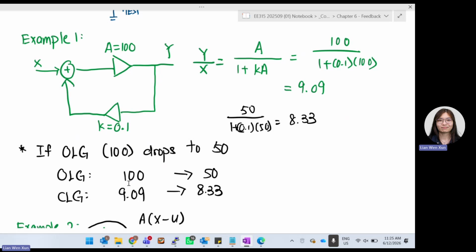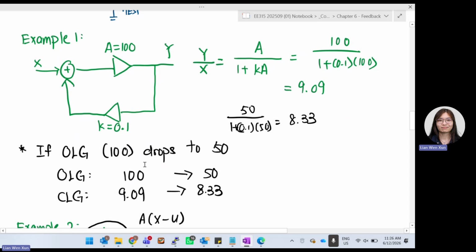closed loop system. However, what if suddenly my open loop gain changed to 50 instead of 100? Let's try and see. We change this A to 50 as well. Now it becomes 8.33. So you can see the difference. Open loop gain can drop from 100 to 50, but my closed loop gain is very stable.